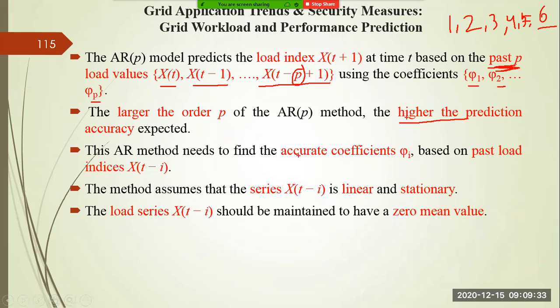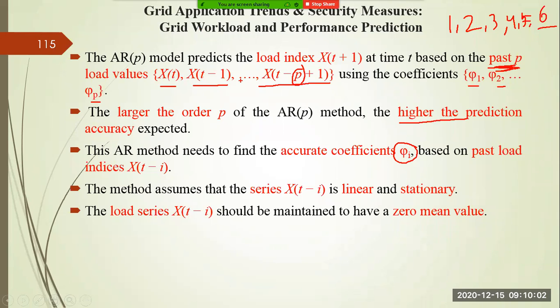So this AR method needs to find accurate coefficients. If you find the accurate coefficients phi i, which are based upon the past data, then the current load index can easily be predicted. This method assumes that x(t-i) is linear and stationary, where i may be 1 to p plus 1.